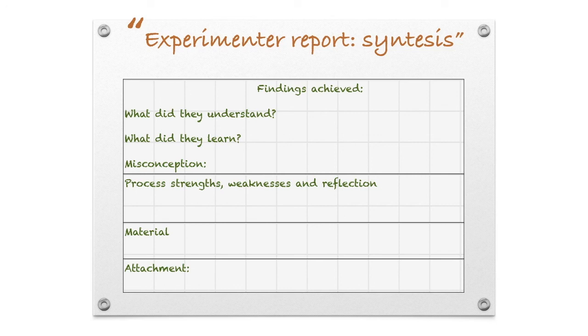So you can write down also the strengths and weaknesses of the activity and the reflection you made in order to improve it the next time you want to do this activity in the classroom. And you can write down also the materials and attach some posters, notices, or a video, or whatever you want.